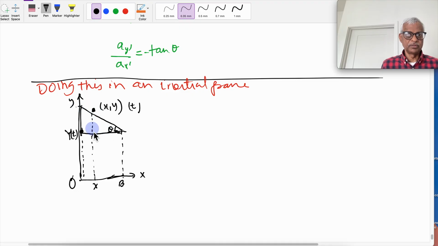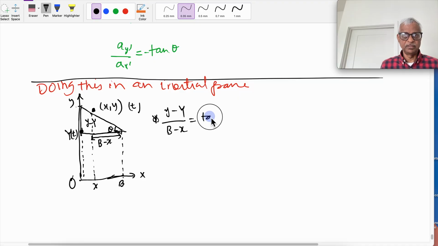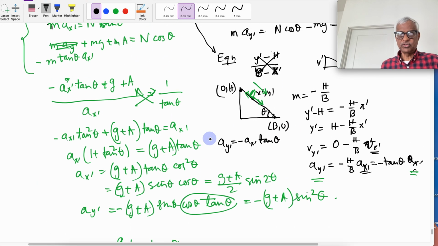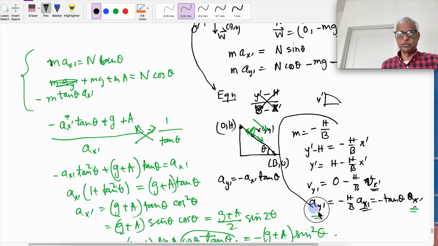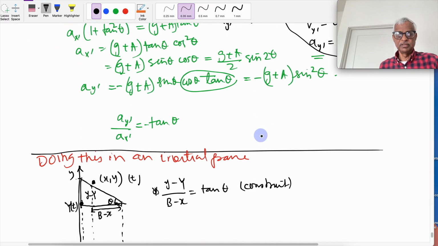So this part is b minus x, and this part is y minus capital Y. So little y minus capital Y over b minus x equals tangent theta. So this was a constraint, and there was a similar constraint that we wrote down here. That's the constraint in that system.